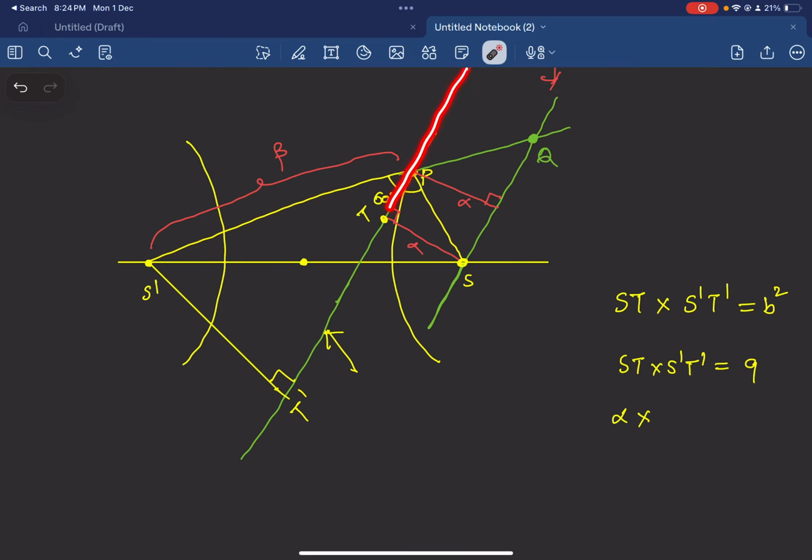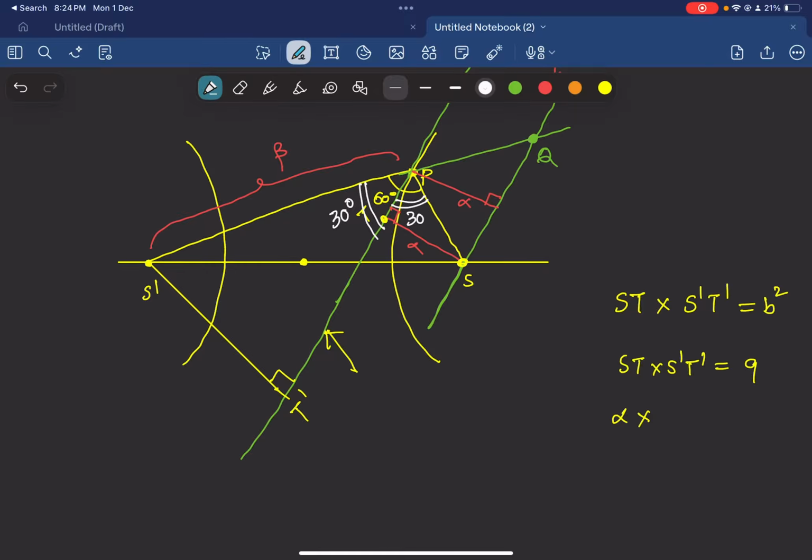And when you draw a tangent at that point, this tangent bisects this angle. You can also prove this property. If you don't know the proof, let me know in the comment section. I'll explain all these concepts in the next video. So these two angles will be 30 degrees.